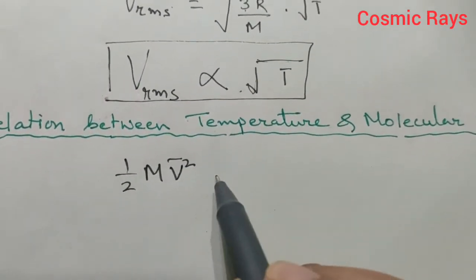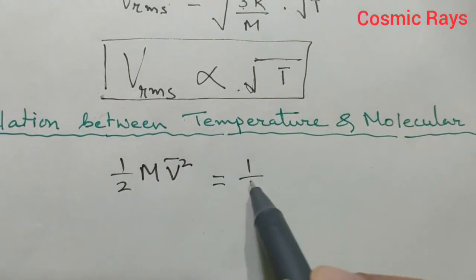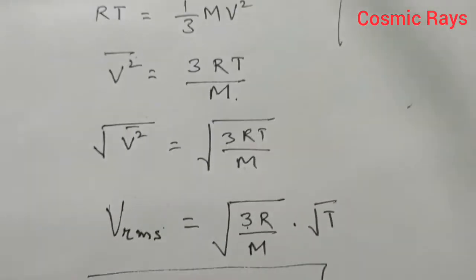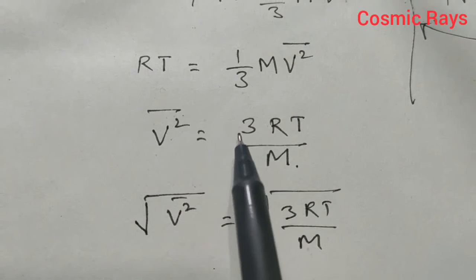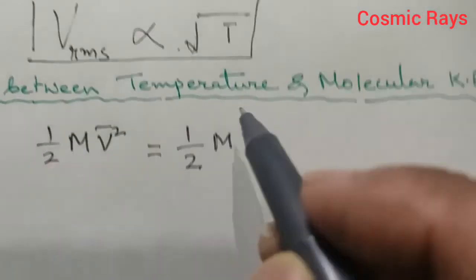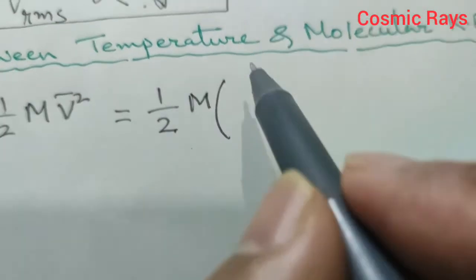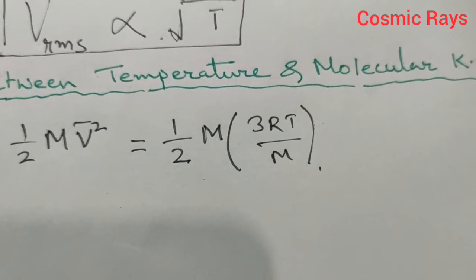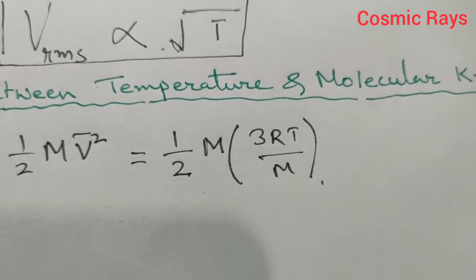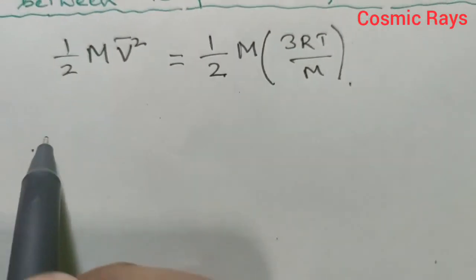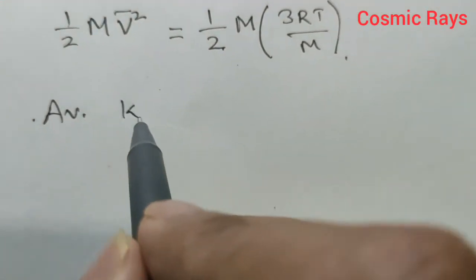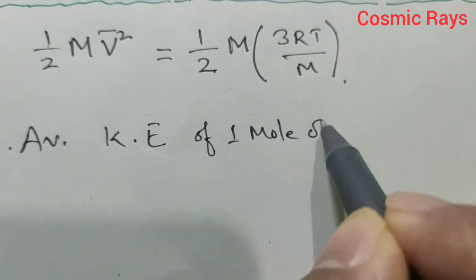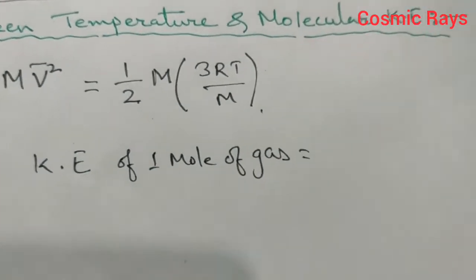If I substitute the value of v square, that is 3RT by M, the equation becomes half M into 3RT by M. So the average kinetic energy of 1 mole of gas is 3 by 2 RT.